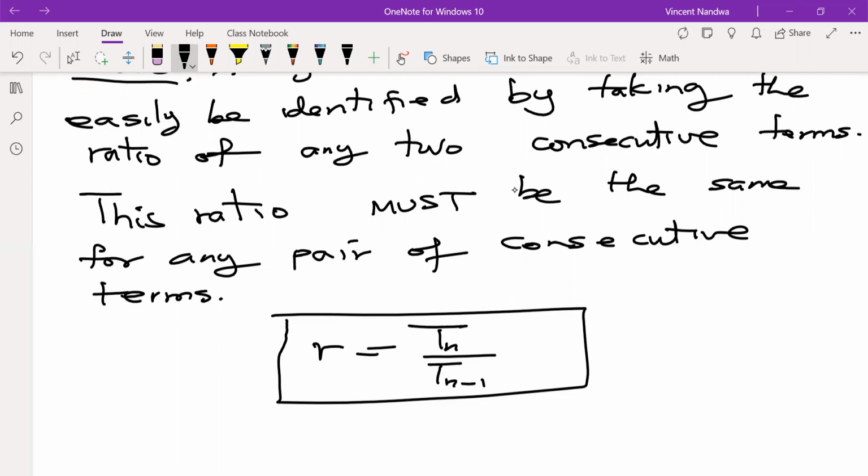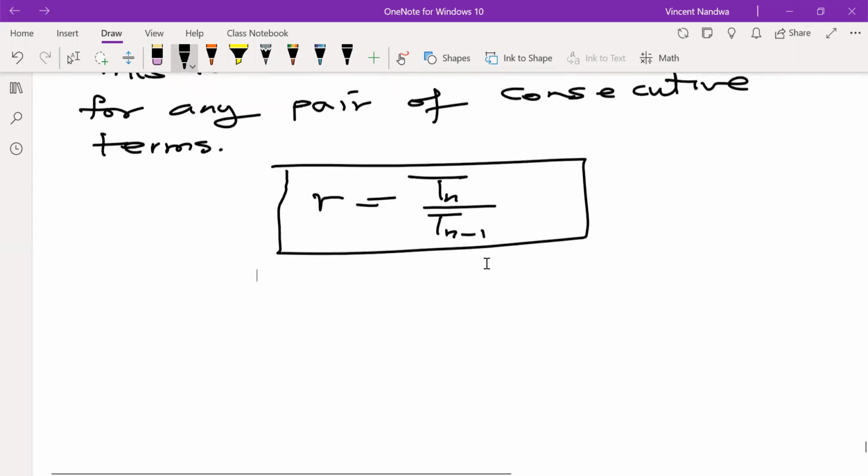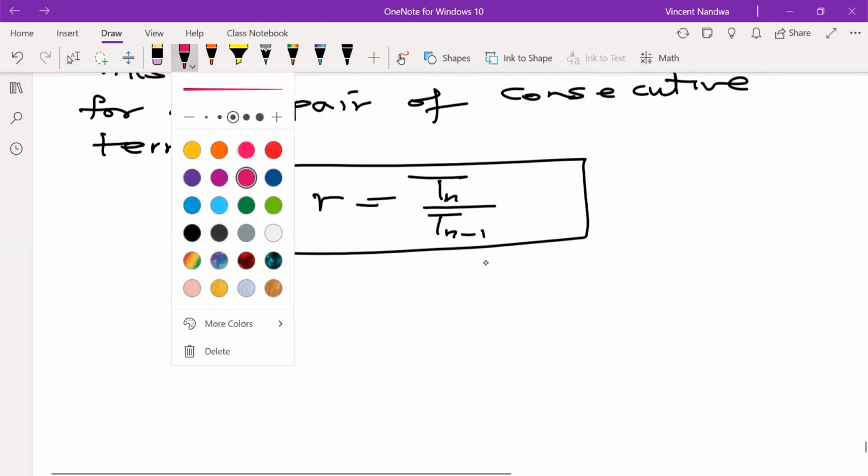So let's give more definition on sequences and series. Let's define what we call an arithmetic progression, or arithmetic series.